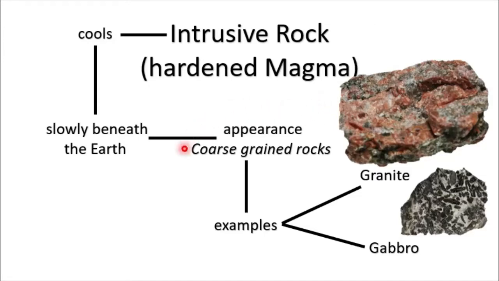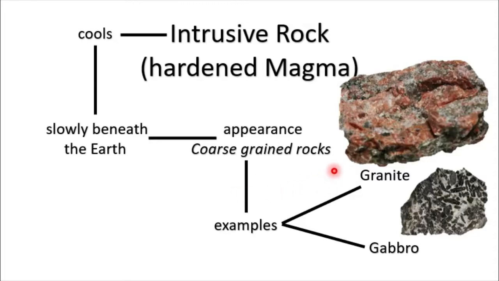So in other words, they are coarse-grained rocks. So the two examples of this type of intrusive rocks are the granite, and the other one is gabbro. If you can see this type of rocks, actually granite is very common in household materials such as kitchen tabletops.